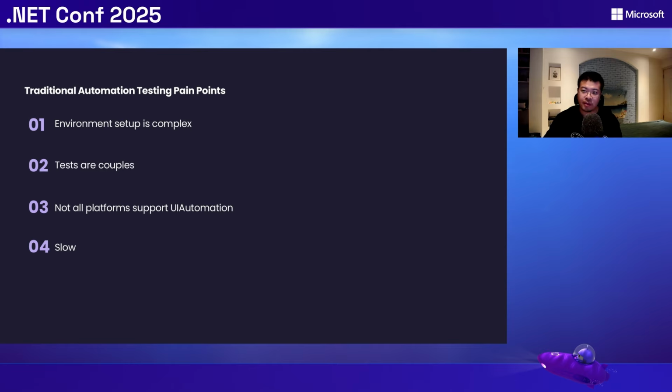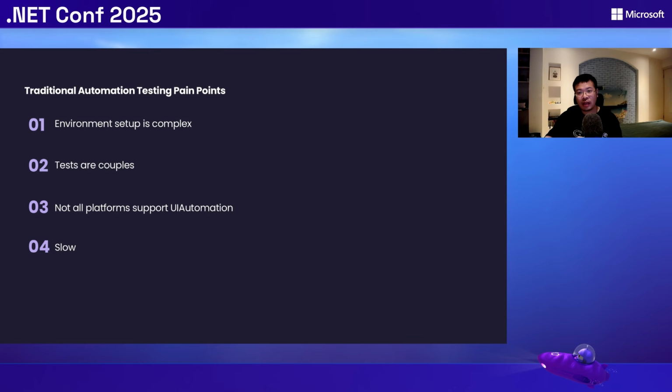So you need to prepare the end-to-end testing environment, or at least you should have some mocked service that you rely on. And second, every feature needs to be tested with the entire application running, which means the tests are all coupled together, and not every function can be tested individually.